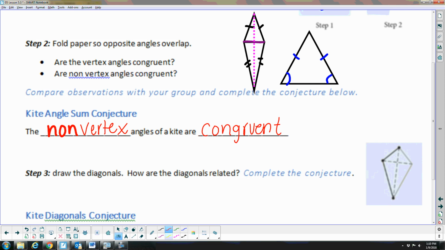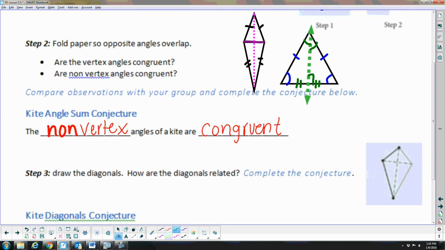Well, in chapter 4, we discovered that the altitude of an isosceles triangle was also the angle bisector of the vertex angle, and was also the perpendicular bisector of the base.